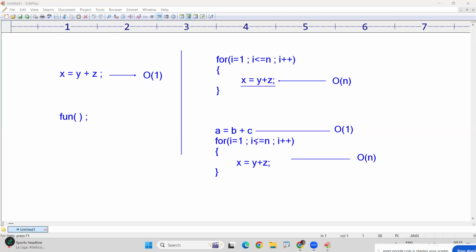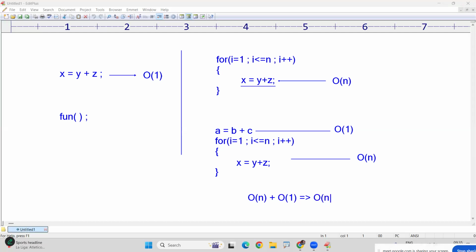Here the total value is order of n plus a constant time 1, so n plus 1. But in finding the time complexity, compared to n iterations, one iteration is always negligible.